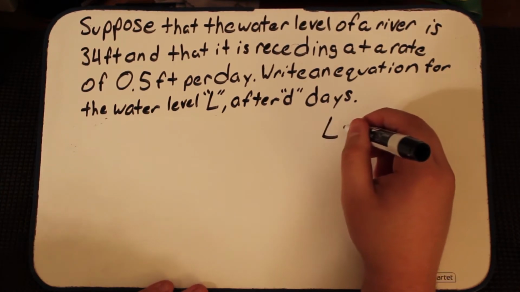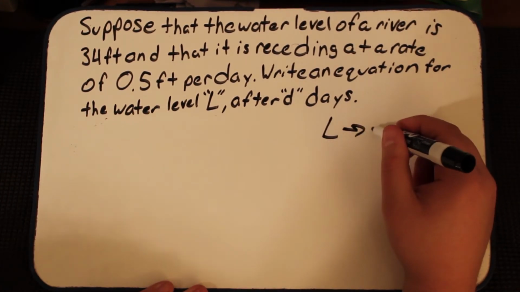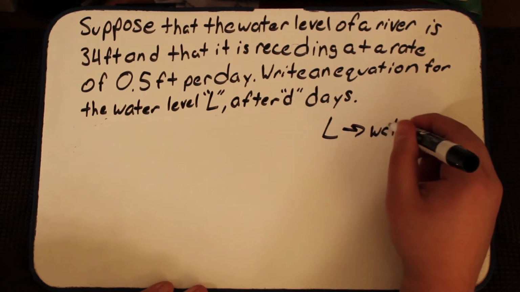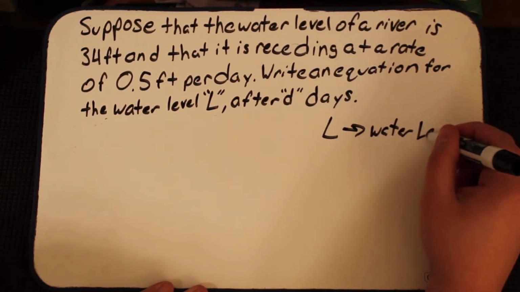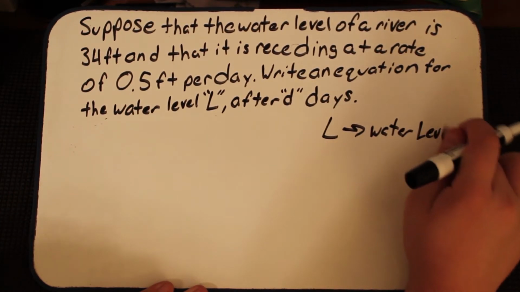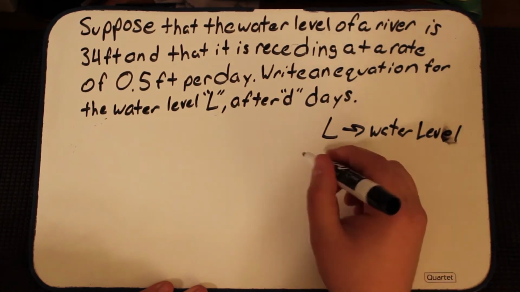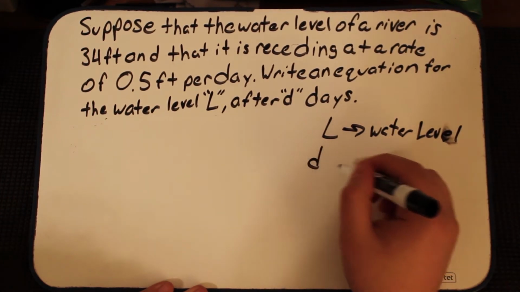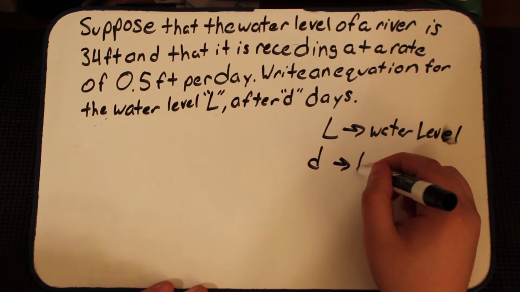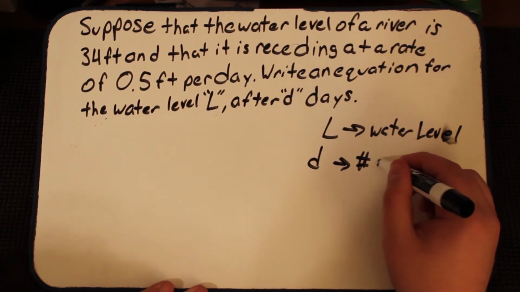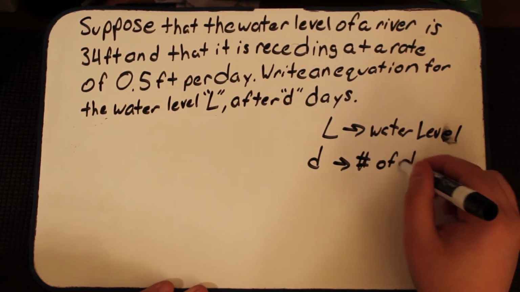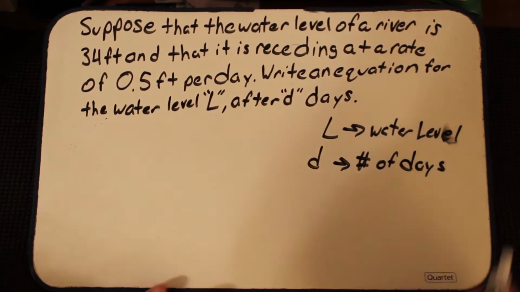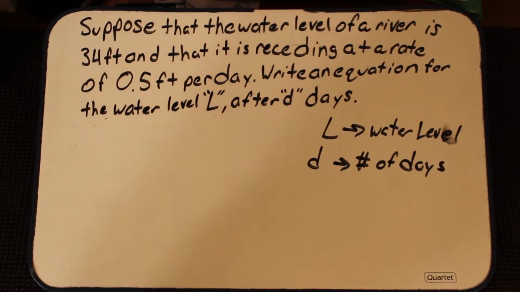So L is going to be our water level and D is going to be our number of days. So we defined our variables.